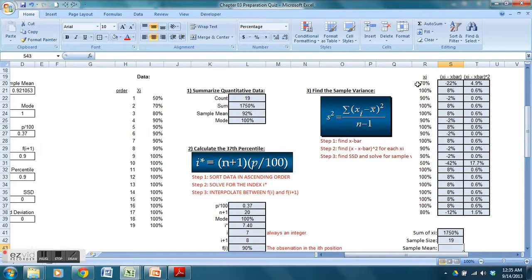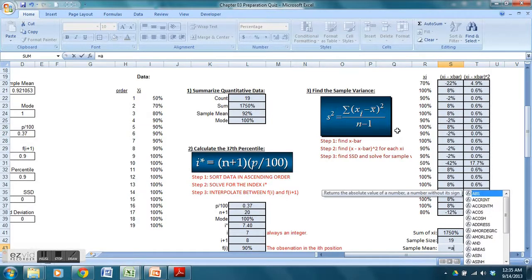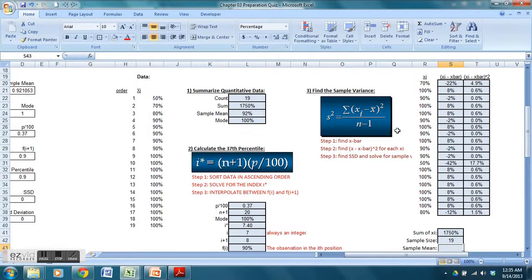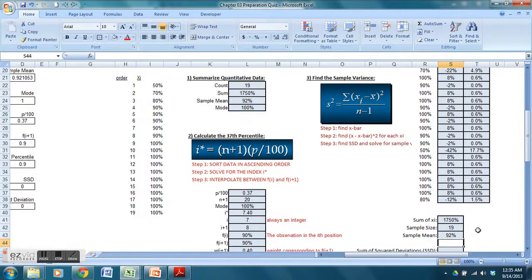And our sample mean, we have that over here. It's 0.92, but we will do it the old-fashioned by hand way. Sum of xi divided by sample size, 0.92.